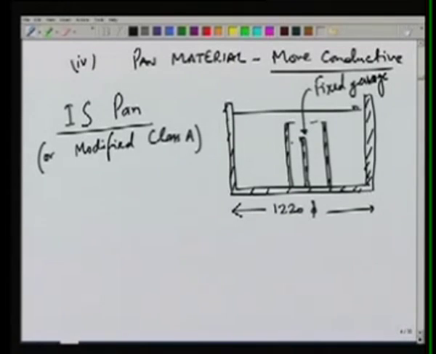So the water level will be measured on this gauge. There will be a thermometer also which will measure the temperature. So there will be some temperature measuring device here.